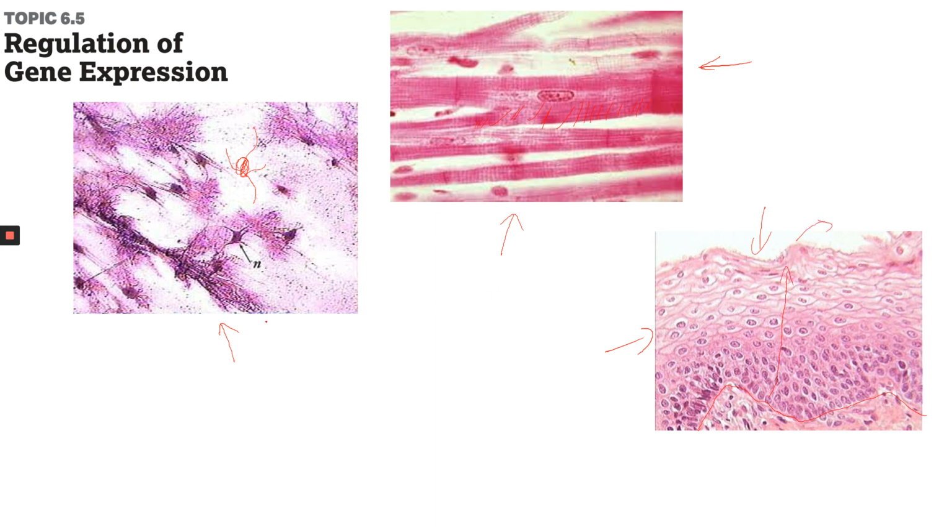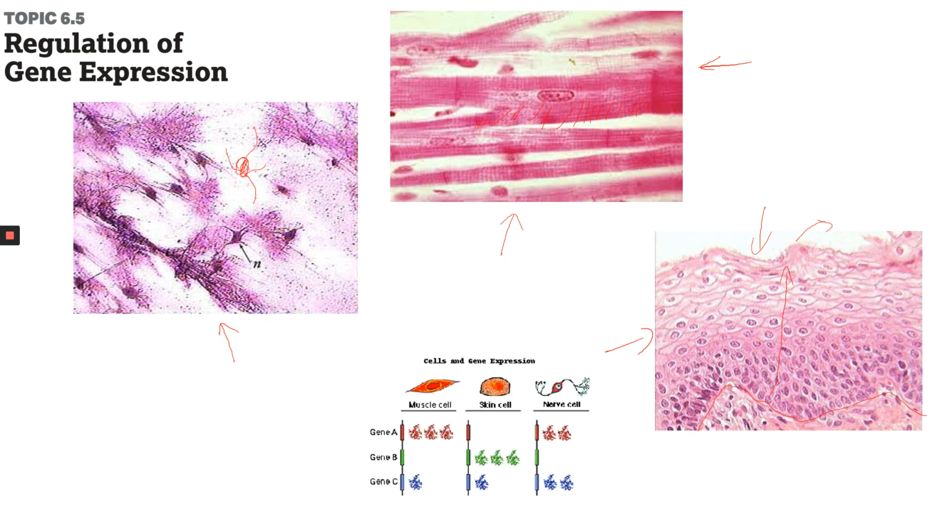So nervous, muscle, and skin tissue all look completely different, all act completely different, and that is because of gene expression. Muscle cells might express a lot of one gene, and skin cells may not express it at all. Nerve cells might express it a little bit, right? This might be a keratin gene right here, and skin cells express it exclusively.